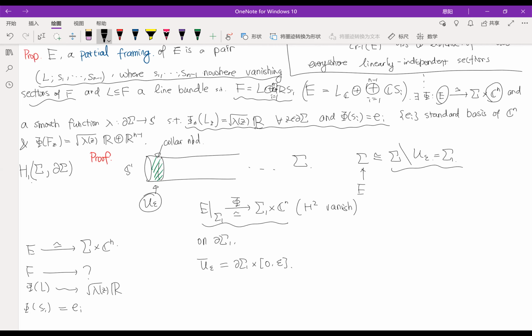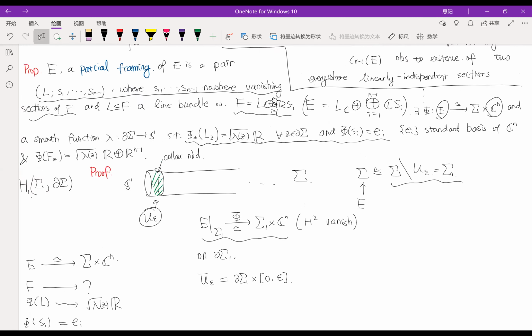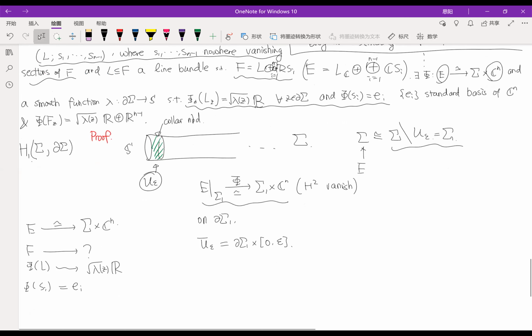This is the definition of the collar neighborhood.